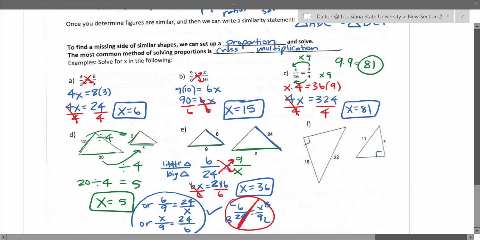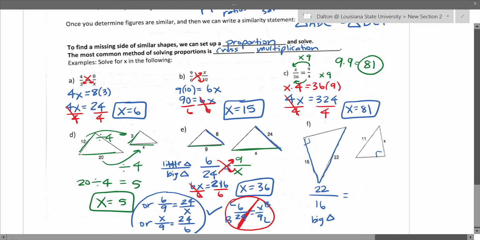So let me compare 22, which is the hypotenuse, it looks like, of this triangle. So a different way I could set up the proportion is doing 22 over 16, which is a leg of that triangle, to where both of these come from the big triangle, and set that equal to the little triangle.